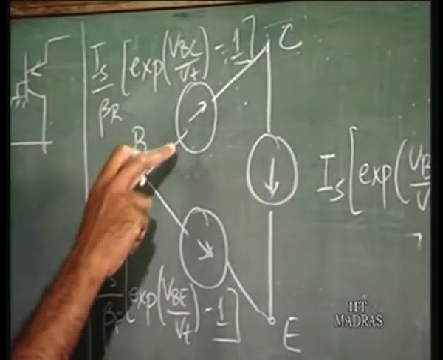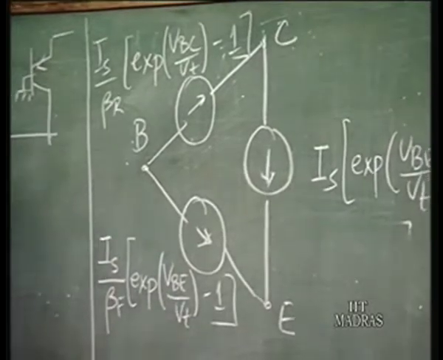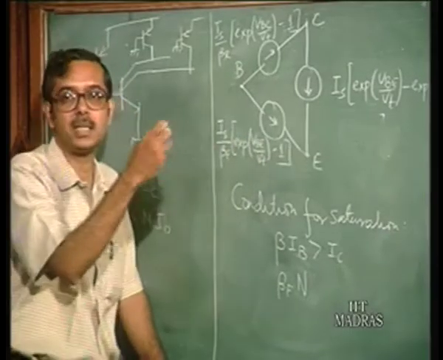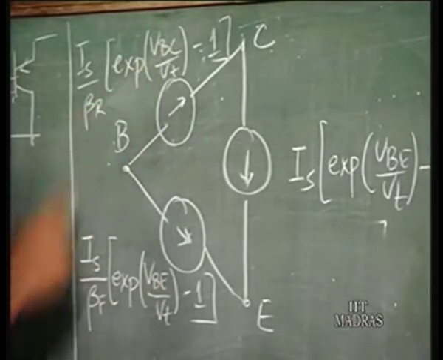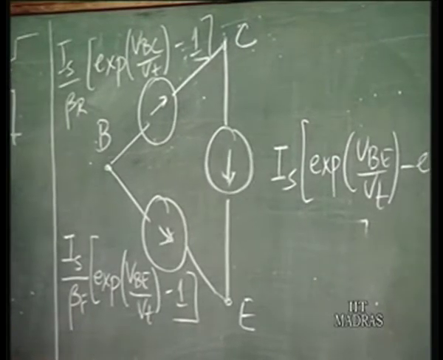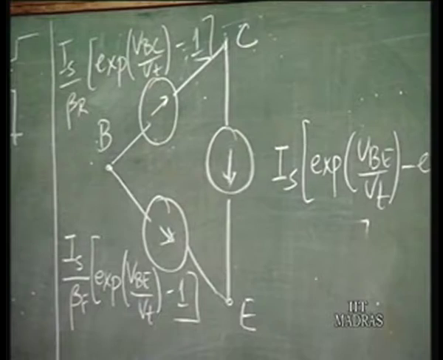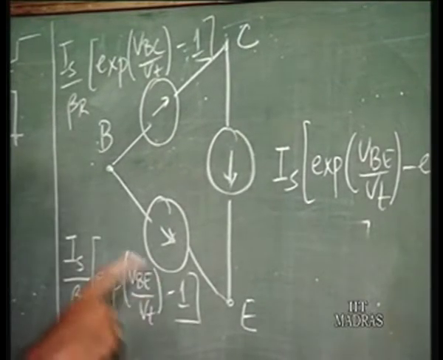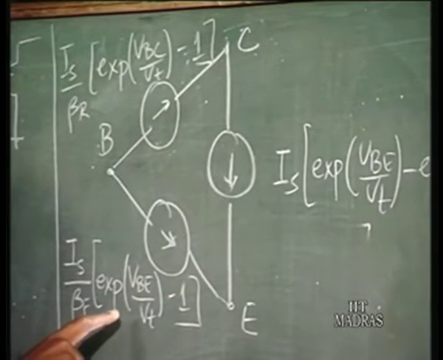Now we shall assume that Vbc is small, because these are exponential terms. Even when Vc is 0.2, suppose Vbe is 0.7 and Vbc is 0.5, exponential 0.7 by Vt is going to be much greater than exponential 0.5 by Vt. So we shall assume that this is mostly given by the Vbe term.